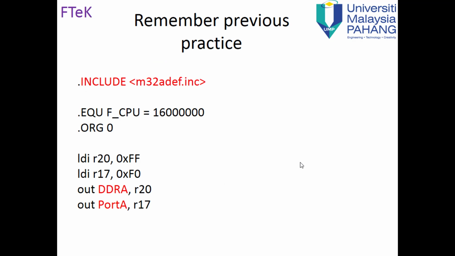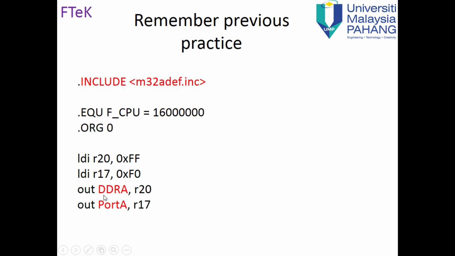To solve this problem, so as not to remember all the addresses for each controller, and every time we need to write to a port or read from a port go to the data sheet, we can actually use the libraries. So if we include the library m32Adef.inc, this includes a lot of data.